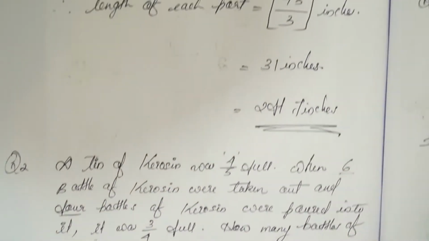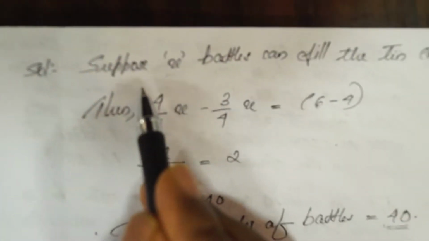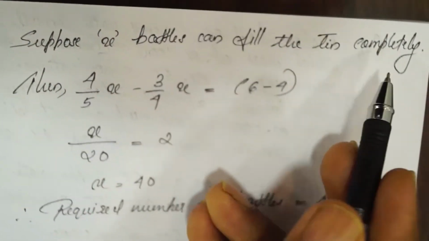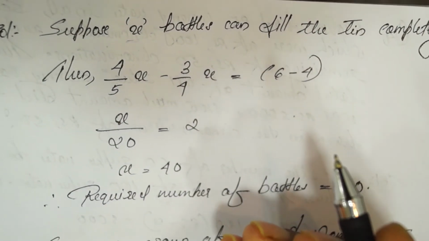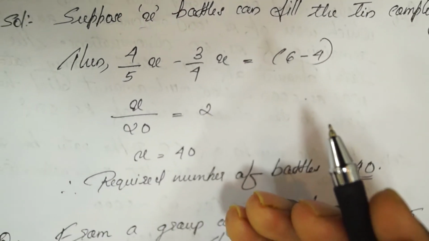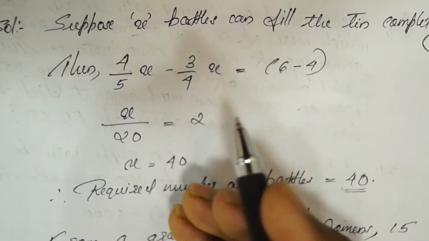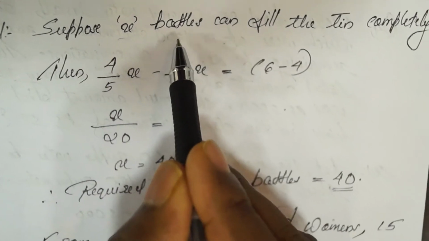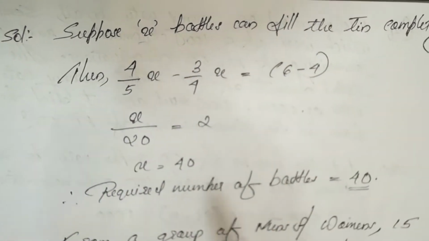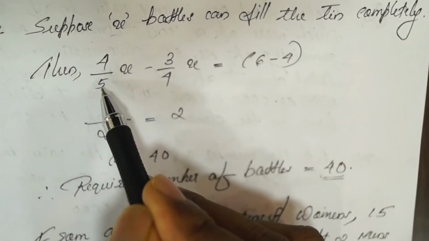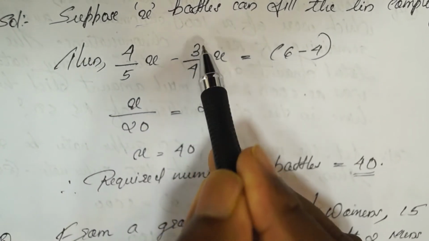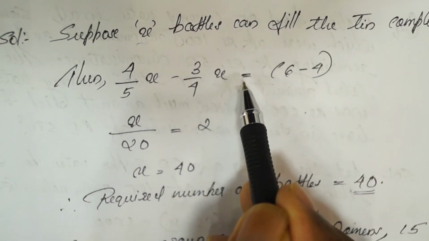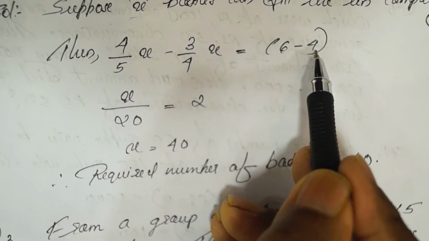So our solution: suppose x bottles can fill the tin completely, because our question is how many bottles of kerosene can the tin contain. Then 4 by 5 x minus 3 by 4 x equals 6 minus 4.